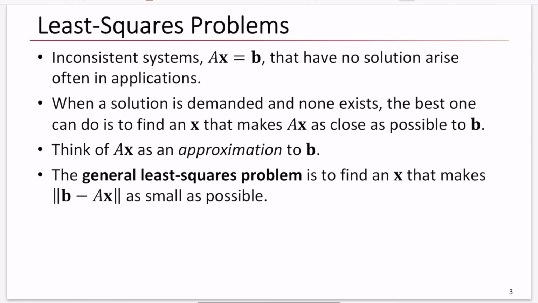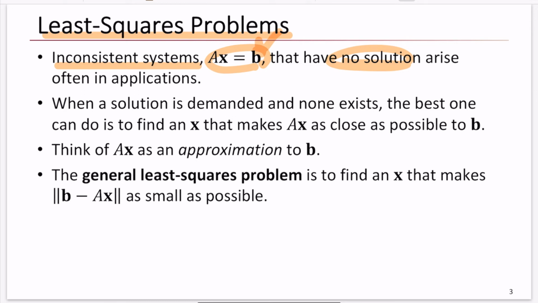Right. So, first of all, the least squares problem means an inconsistent system Ax equals b, which does not have a solution, right? Systems which have no solution arise often in many applications. But because we can't find the exact solution for this Ax equals b matrix equation, maybe you want to find an approximate solution.